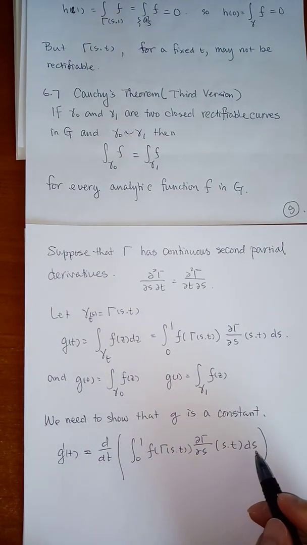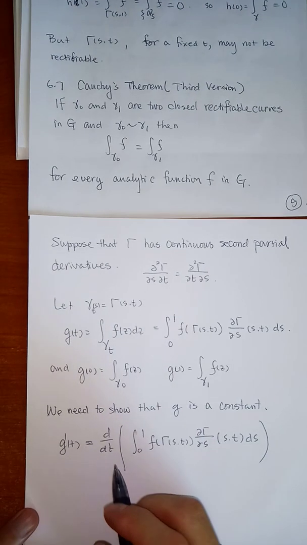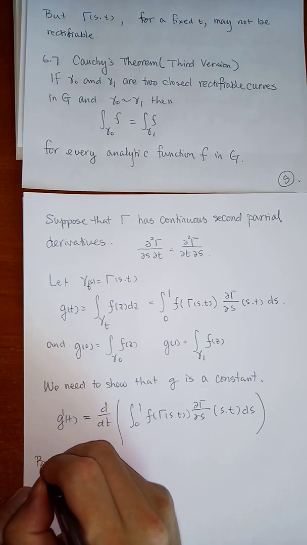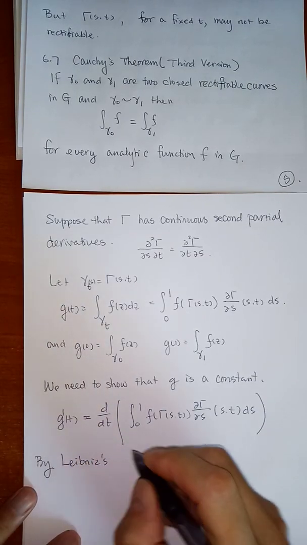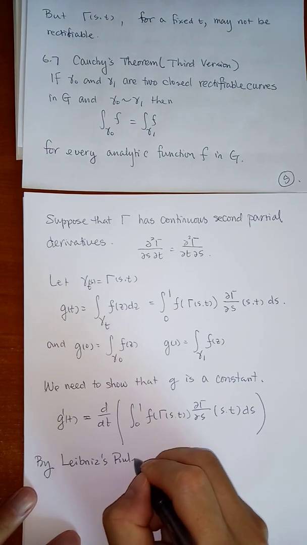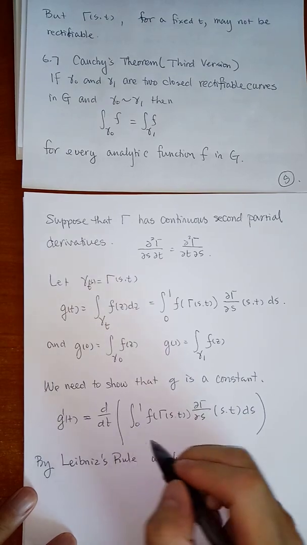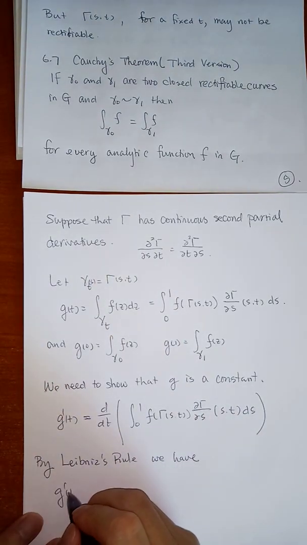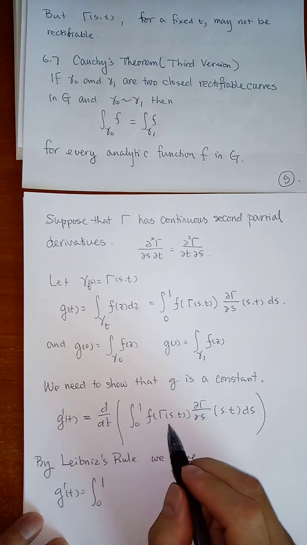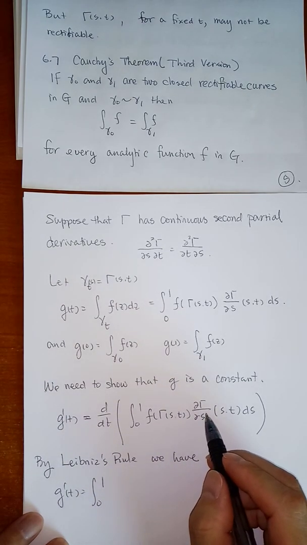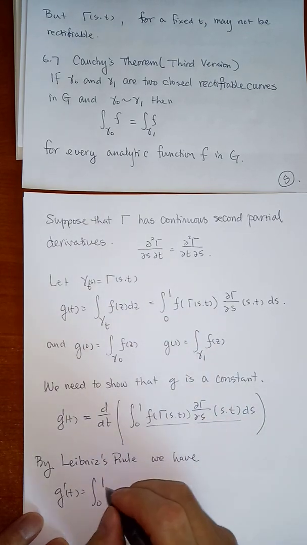The integral is about s. This differentiation is about t, and we apply the Leibniz rule. We can interchange the integration and the differentiation, and then we apply the differentiation to the f and the partial capital gamma partial s. You have a product, so you apply the product rule.